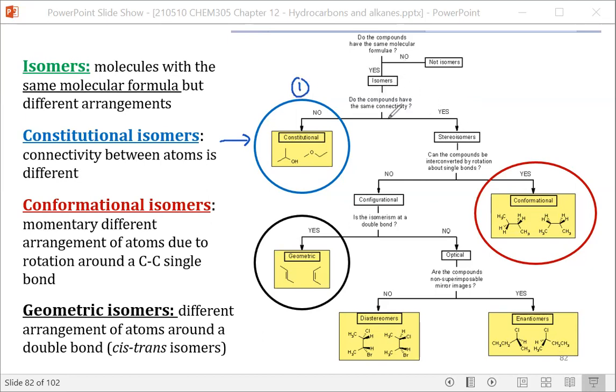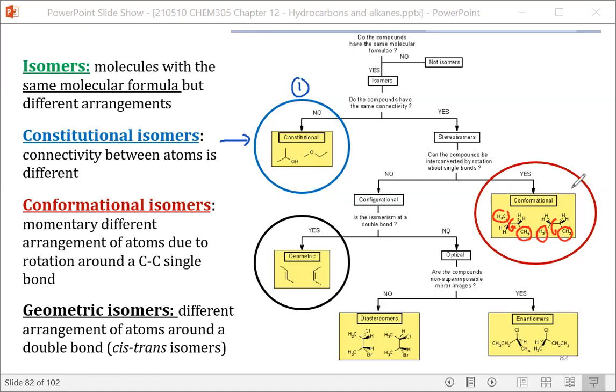And then if they have the same connectivity, if they can be interconverted by rotation about single bonds, they're what we call conformational isomers. These are the ones where there's a carbon-carbon single bond. Even if there's two different groups, like here we have a methyl group and a methyl group, because there's free rotation about this single carbon bond, temporarily the two methyl groups might be opposite each other, and then the bond rotates, and the two methyl groups are next to each other again.